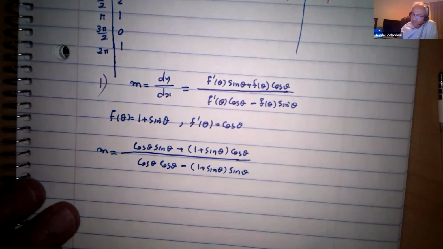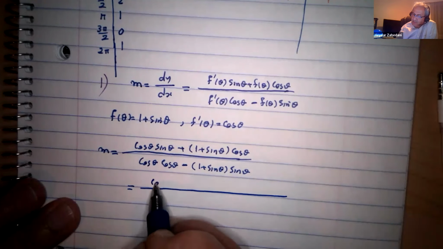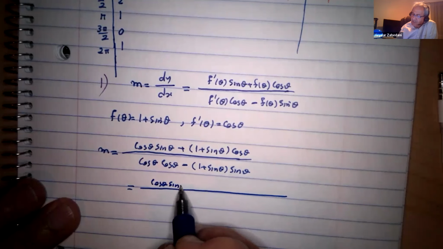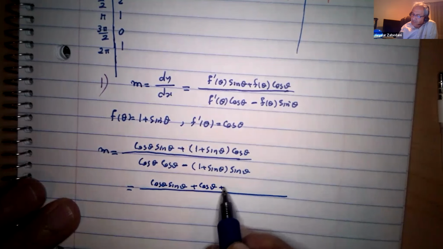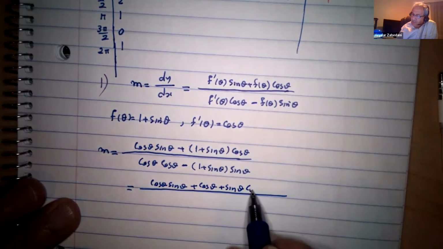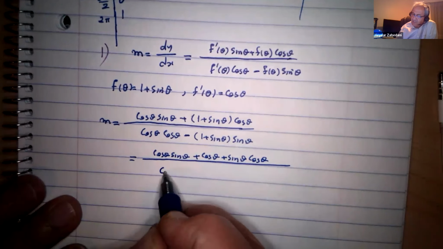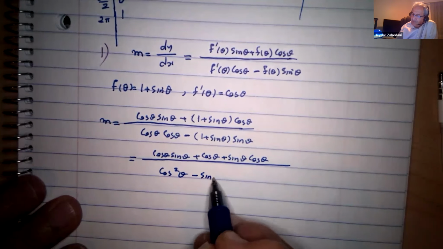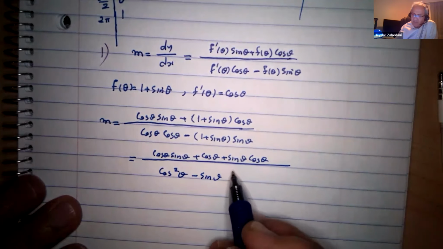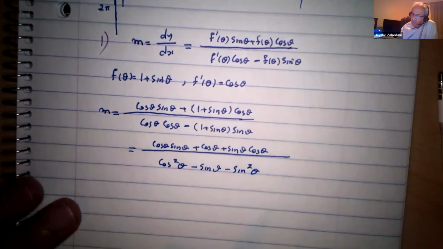So we can simplify it on the top. You have to distribute to simplify. So that's cosine of theta times sine of theta. You multiply, so that gives you cosine of theta plus sine of theta cosine of theta. And the bottom one is cosine squared, and if you multiply, that gives you minus sine of theta and minus sine squared of theta.